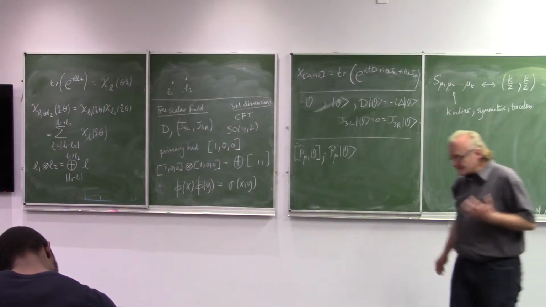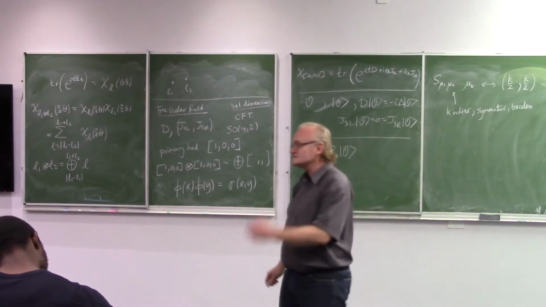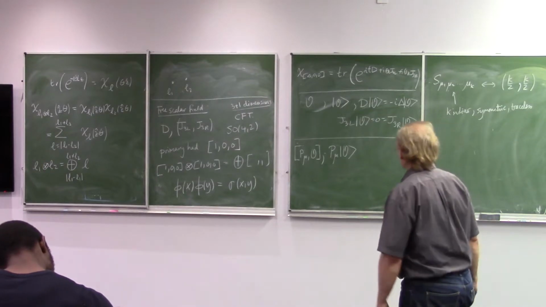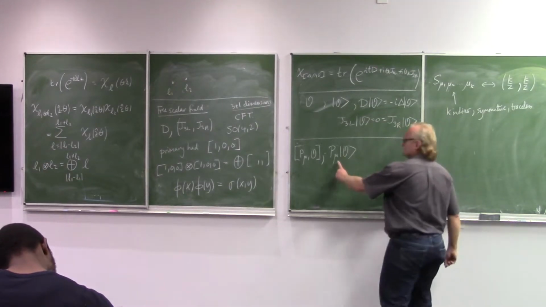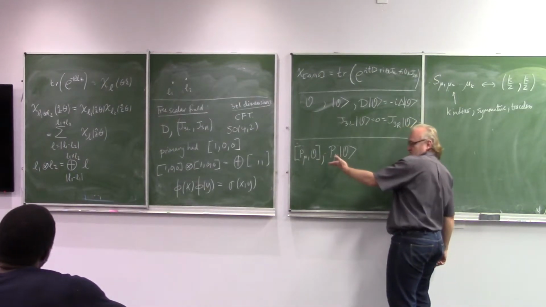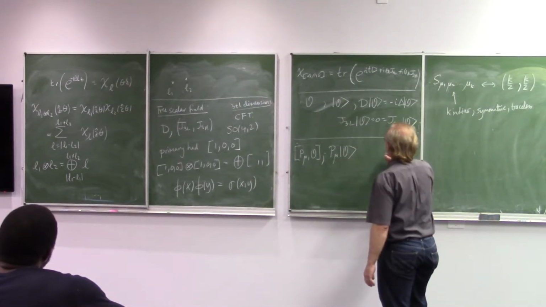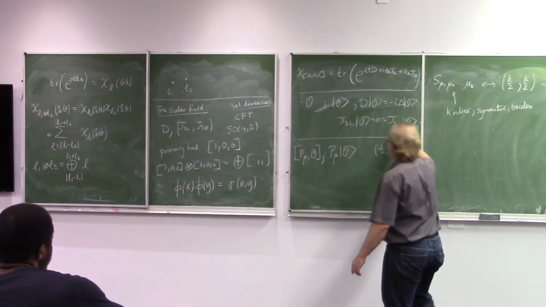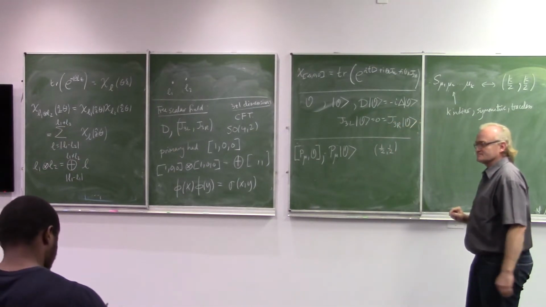So a tensor that is symmetric and traceless transforms in that representation of the Lorentz group. In particular, here we have a single index. It's obviously symmetric. It's obviously traceless. So this would be in a representation of 1/2, 1/2, as far as J3 left and J3 right goes.